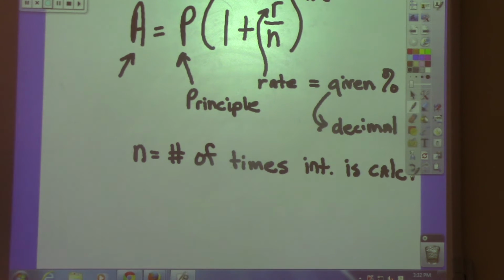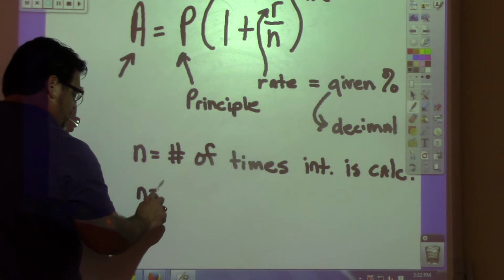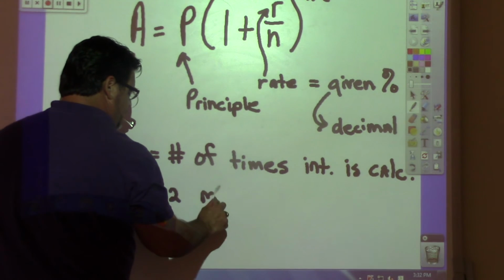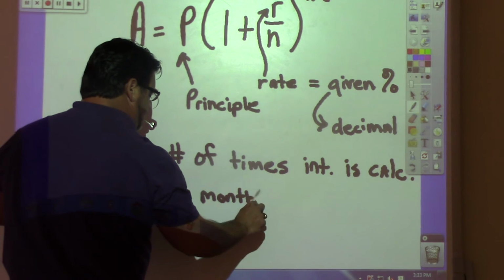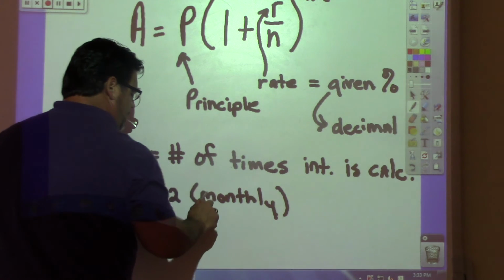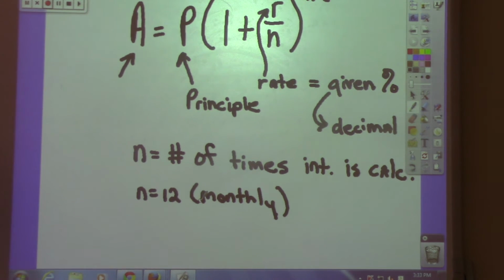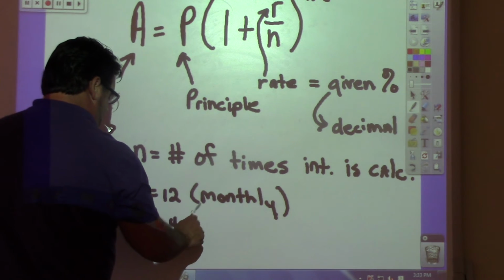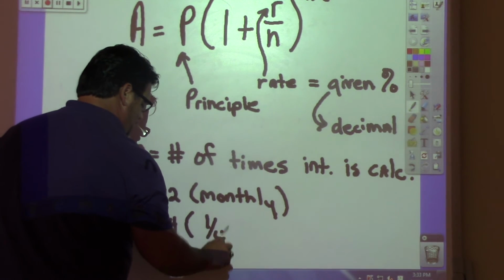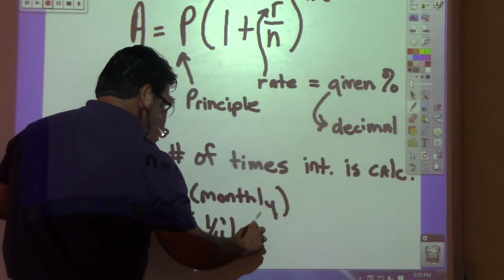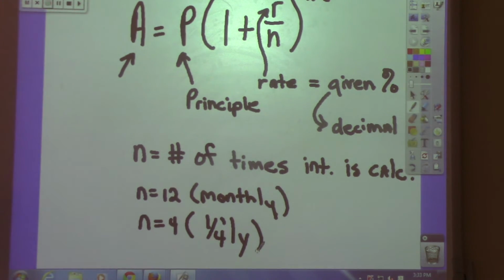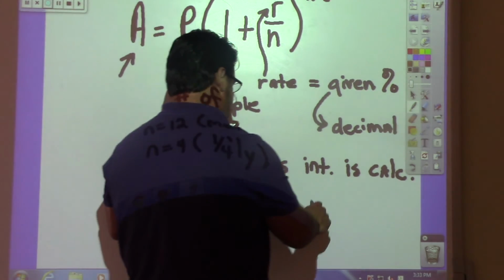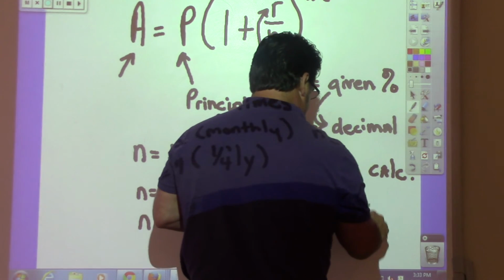So let's write some of those down. If N is equal to 12, that's monthly. So in the problem, it would say compounded monthly. What if N is equal to 4? Quarterly. What if N is equal to 1? Annually.